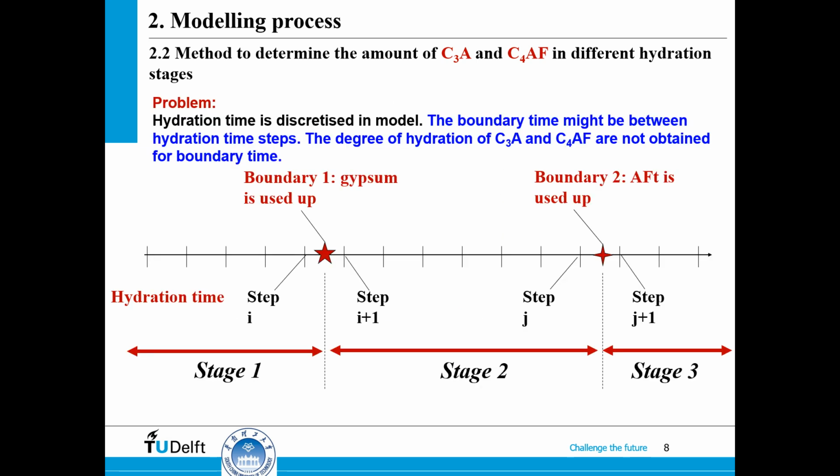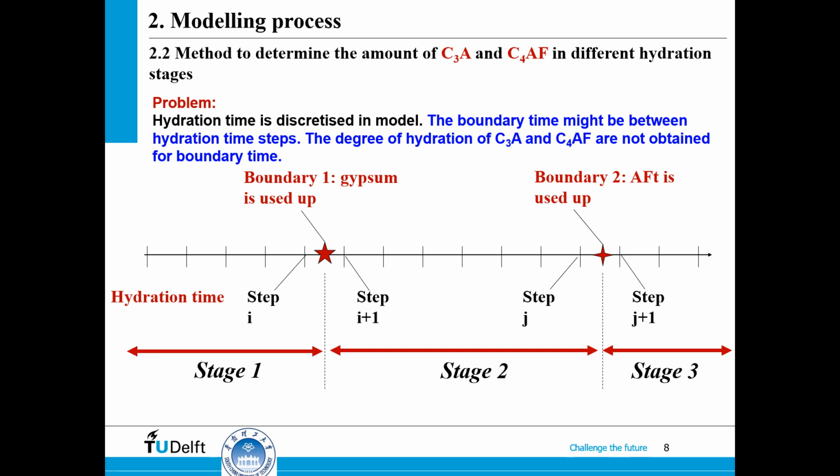The problem is that although we can use the model to predict the hydration degree of C3A and C4AF, however, the hydration time is normally discretized in the hydration model, and the boundary time for the different stages might be between the hydration steps, as you can see in this figure.